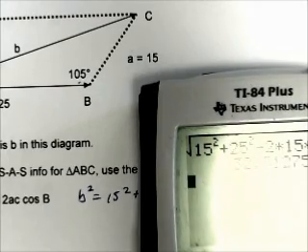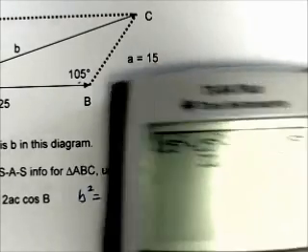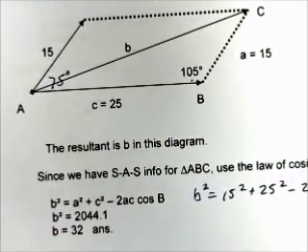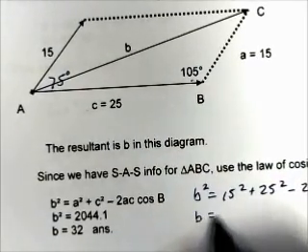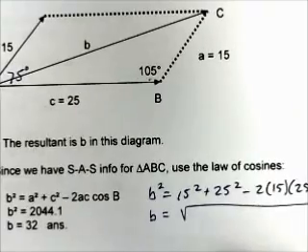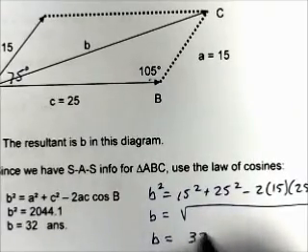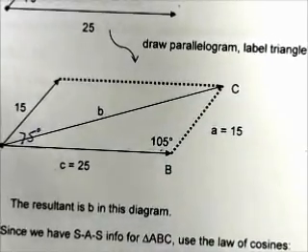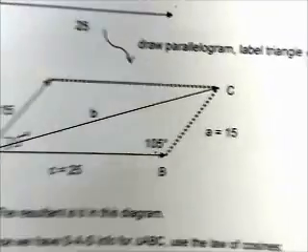Rounding to the nearest integer, that would be 32. So b is going to equal the square root of that whole thing, and b is 32. So the resultant force is 32 pounds.